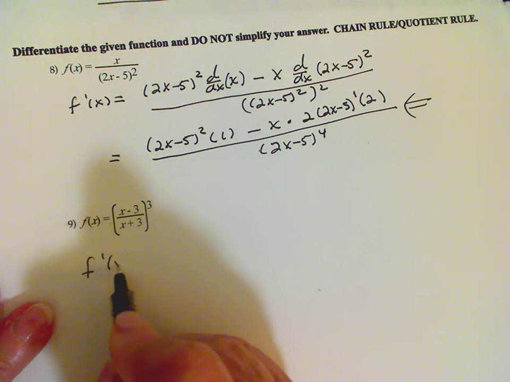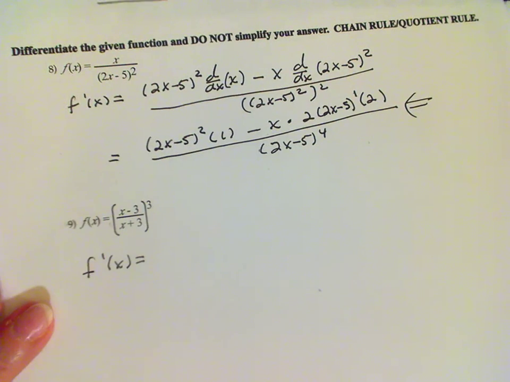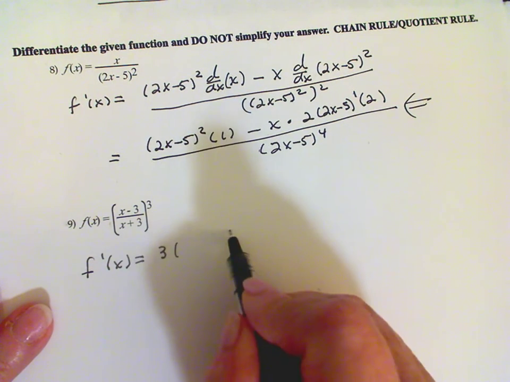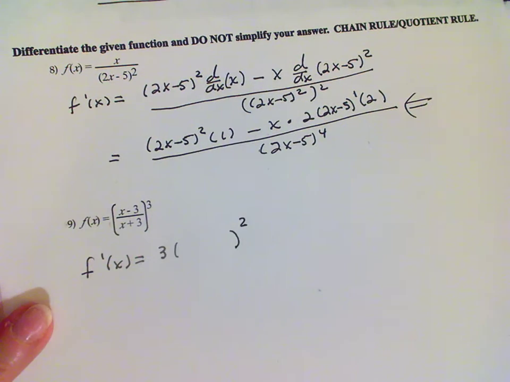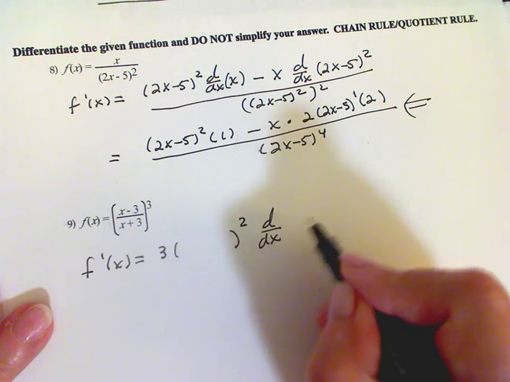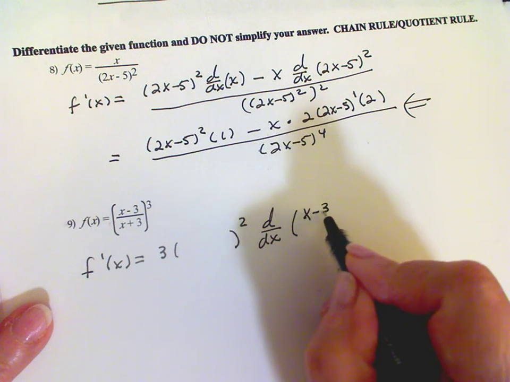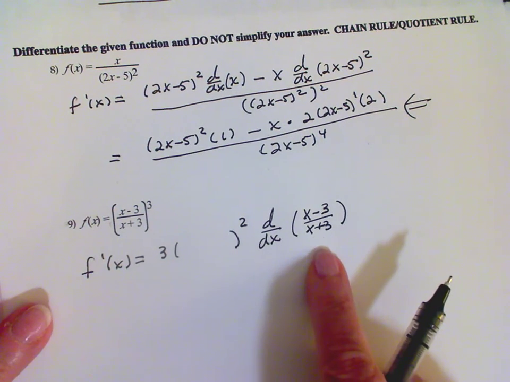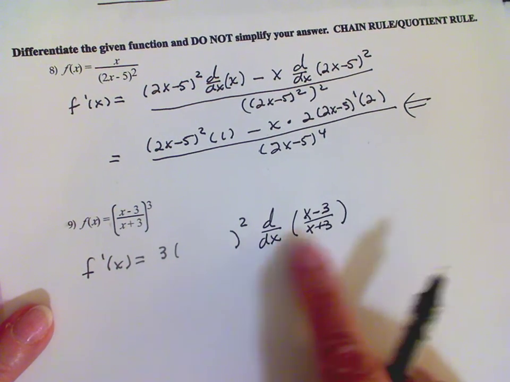So f prime is 3 times the blob squared, that's chain, times the derivative of the blob, that's quotient, chain quotient.